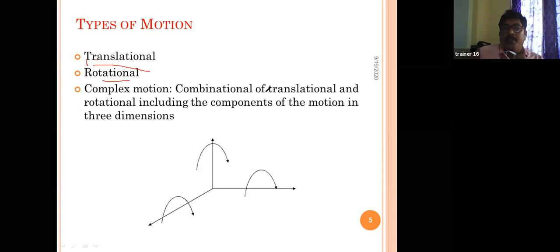Complex means the combination of translational and rotational, including components of motion in three dimensions. So there are two basic types of motion, linear and rotational, and complex motion is the combination of both.